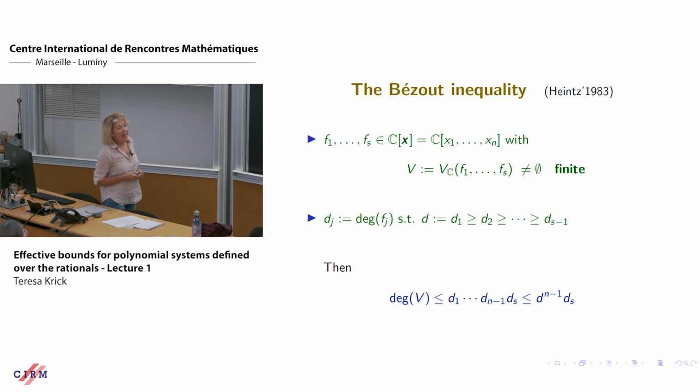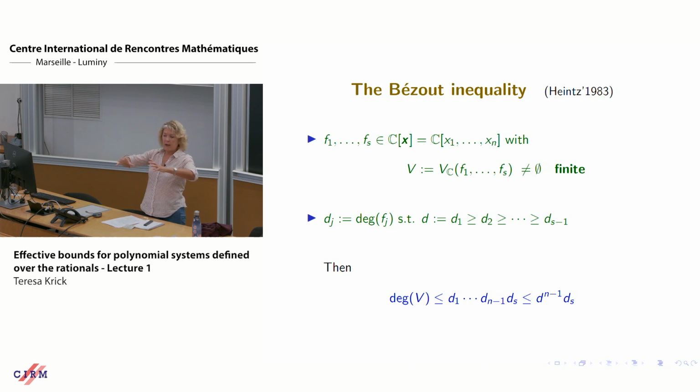So if you have any number of polynomials, one more thing I didn't say. In order for s polynomials to define a finite number of points, s has to be greater than or equal to the number of variables. Because every time you add one polynomial, two things can happen. Or you kill everything and you stay with nothing, or for the components you have at some level, you cut them. So you have three possibilities, actually.